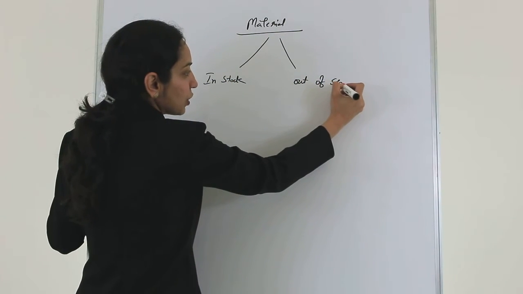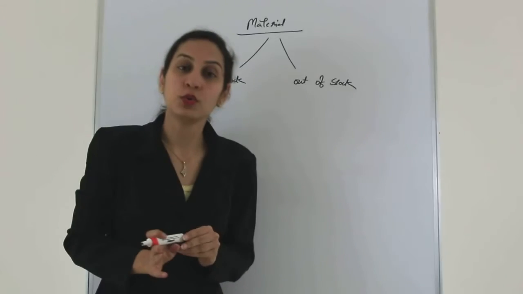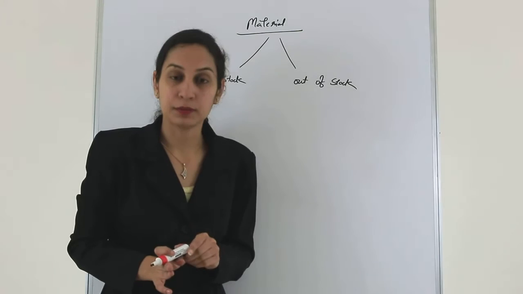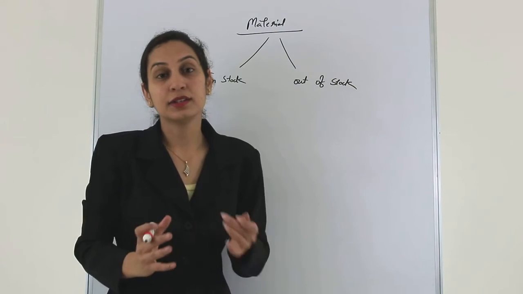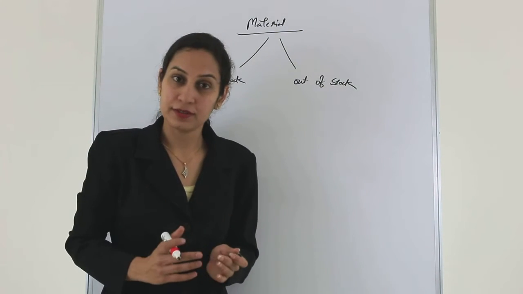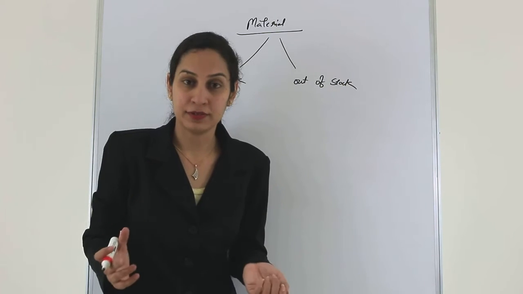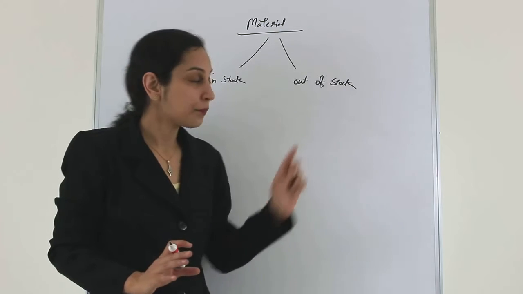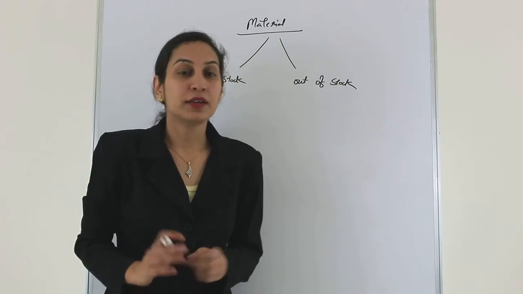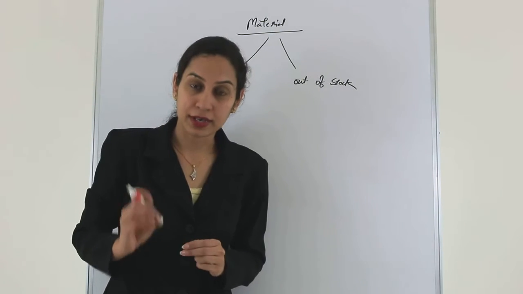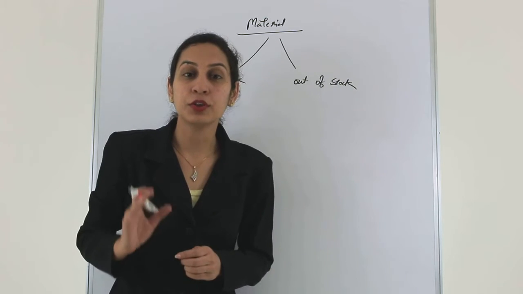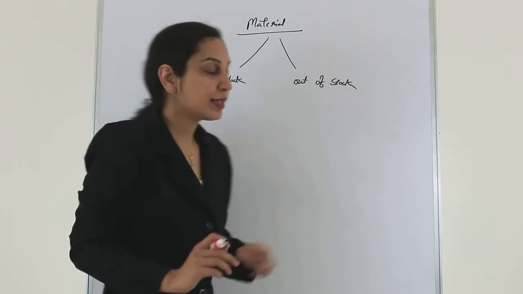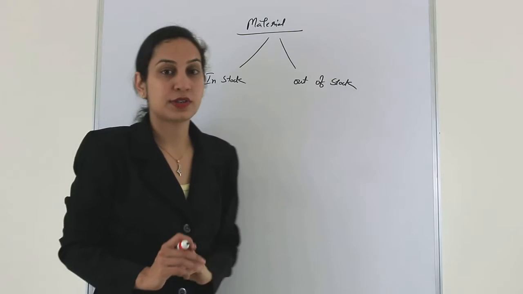There can be two situations for a business, that a company which has accepted new production order, either the material is there in their warehouse or material is not there in their warehouse. So when we say in stock, the material is already there. Material is out of stock, that we do not have that raw material right now which is required for the new production. Let's discuss this option first.